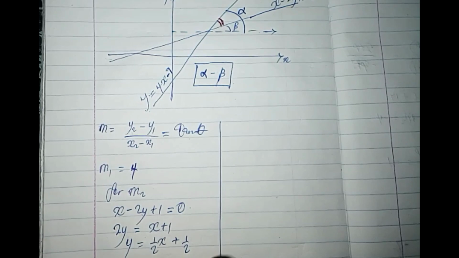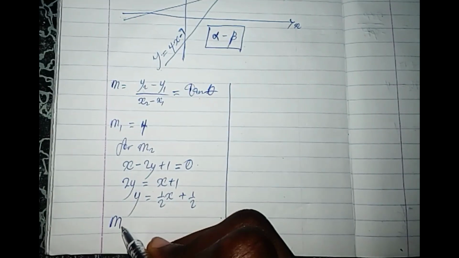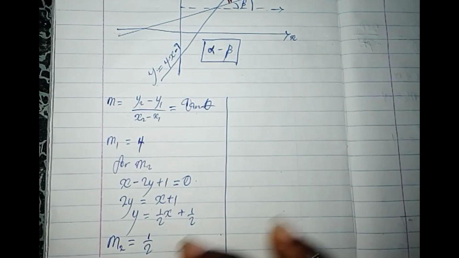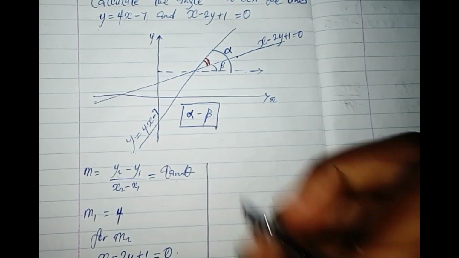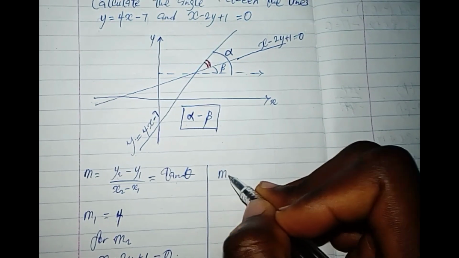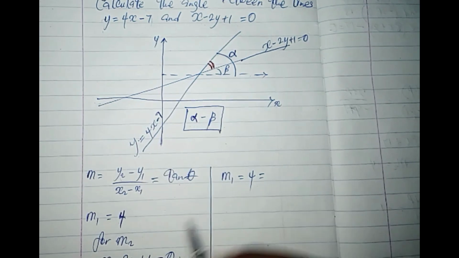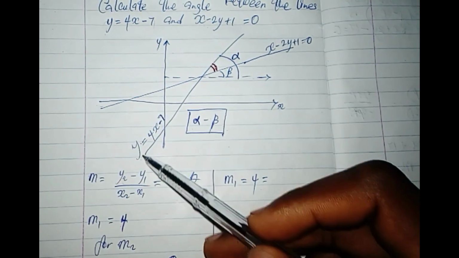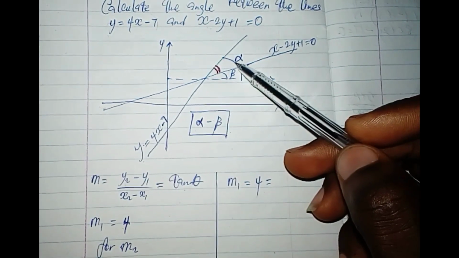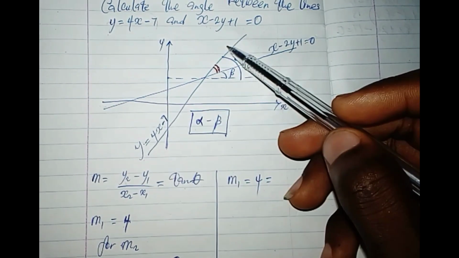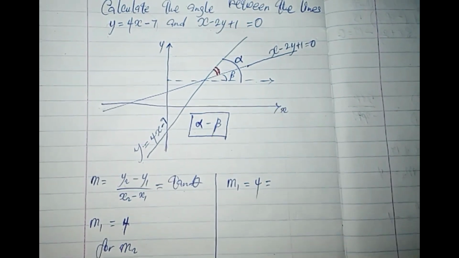From this, we know m2 is equal to 1 over 2, since the coefficient of x here is 1 over 2. For m1, which we know to be 4, it is for the first line, and the first line makes an angle alpha with the horizontal axis.